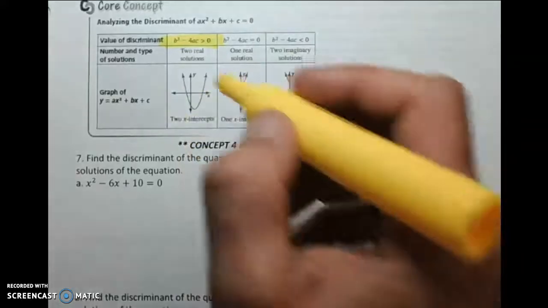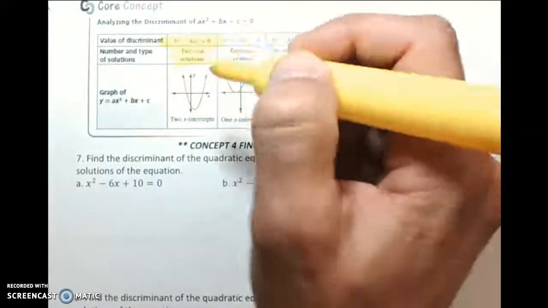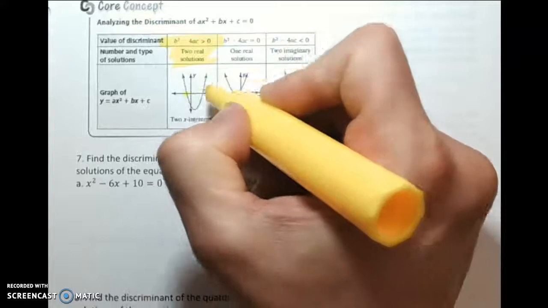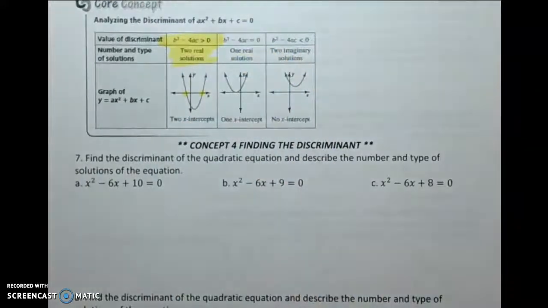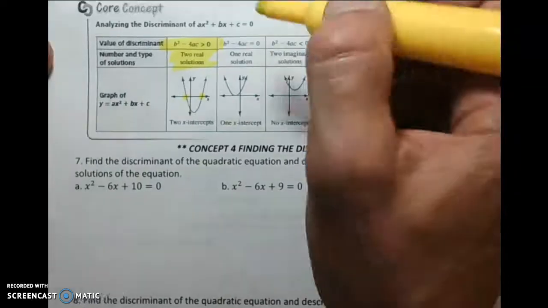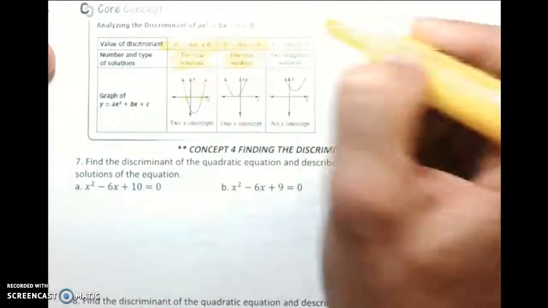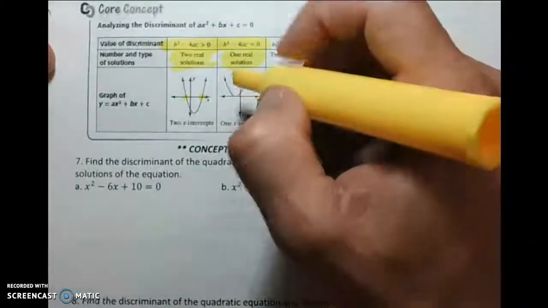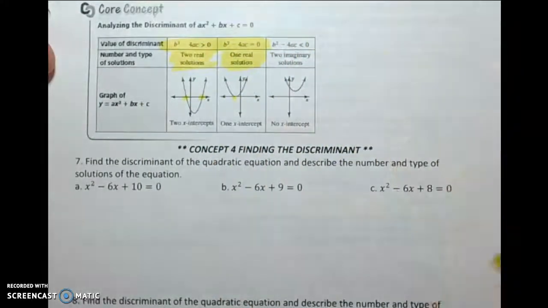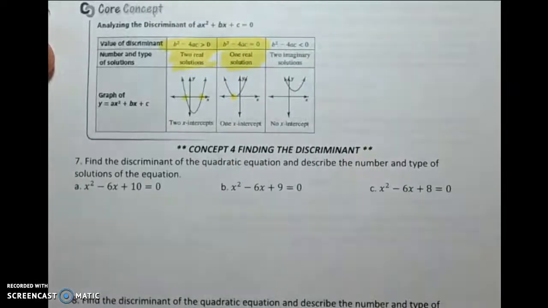Then it would have 2 real solutions, or plus or minus 4 I should say. And 2 real solutions means it crosses the x-axis in 2 places. If b squared minus 4ac equals 0, that gives me 1 real solution, and that means it only crosses the x-axis at 1 place.